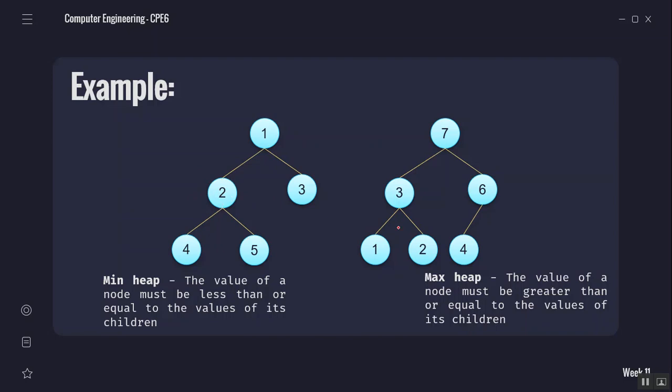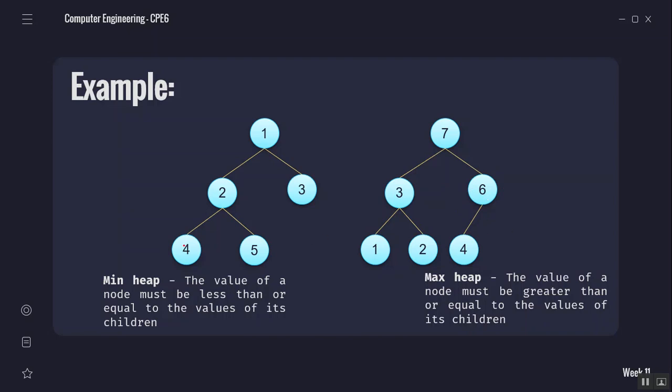Now for the max heap, every parent node is always greater than its children. As you can see here, the root node is greater than its children 3 and 6. Same goes for the left subtree. We have here the node 3, which is greater than its children 1 and 2. Same goes for the right subtree. We have here 6, which is greater than its child 4.